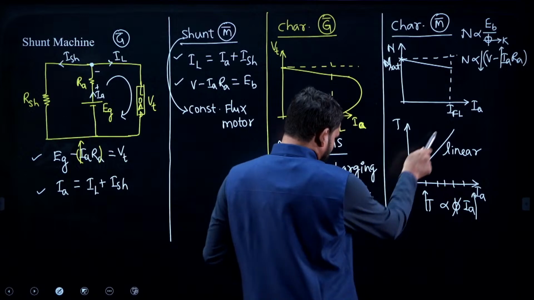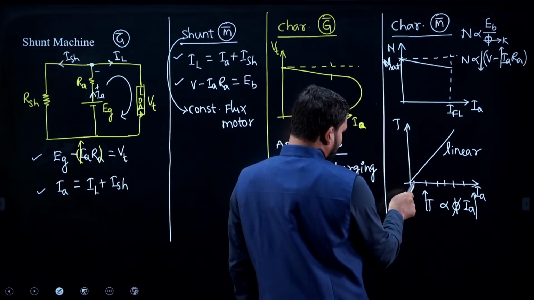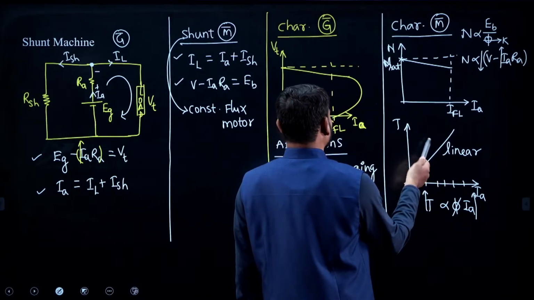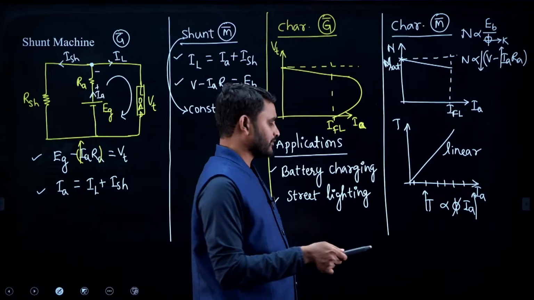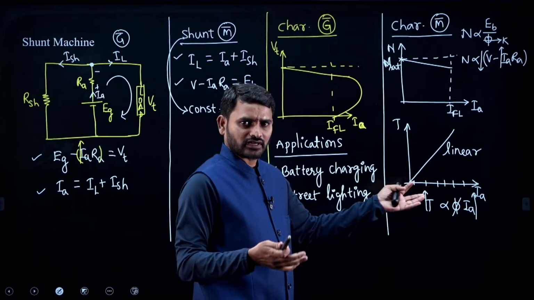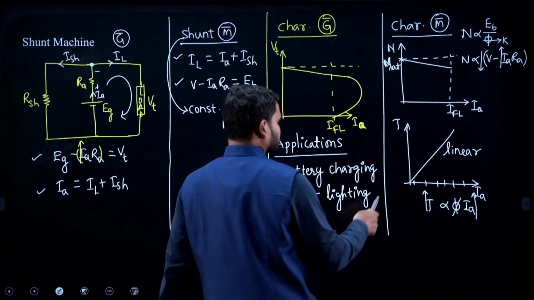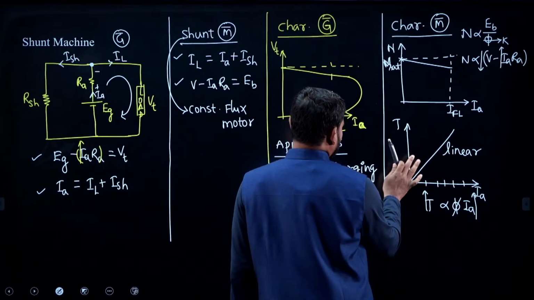So if you look at torque versus current, for small currents the torque produced is also small. Generally at the beginning, the current drawn by the motor under no load condition is very small, so the torque developed by the motor is approximately a small value.